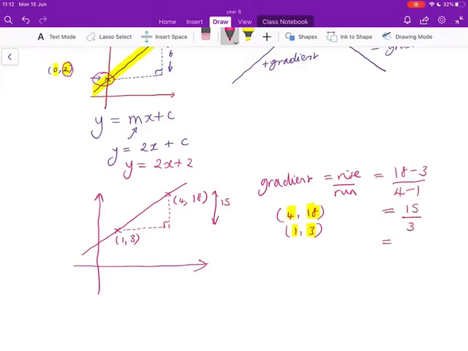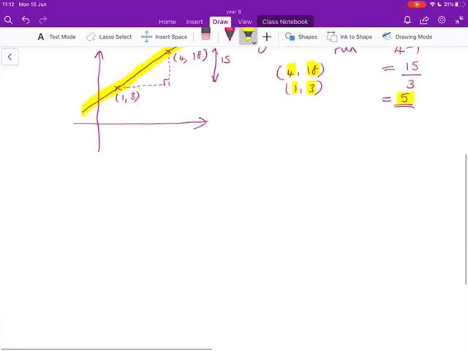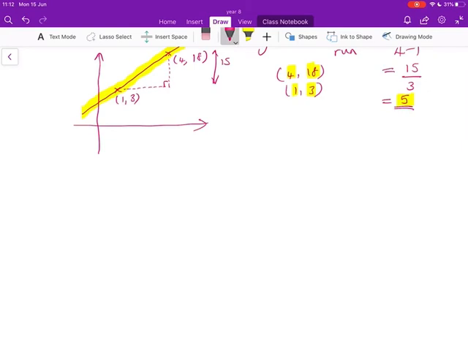So 18 take 3 is 15. 4 subtract 1 is 3. 15 divided by 3 gives us our gradient as +5. And we can see the line slopes that way. So that means the gradient of that line is positive, and the value of the gradient is +5.